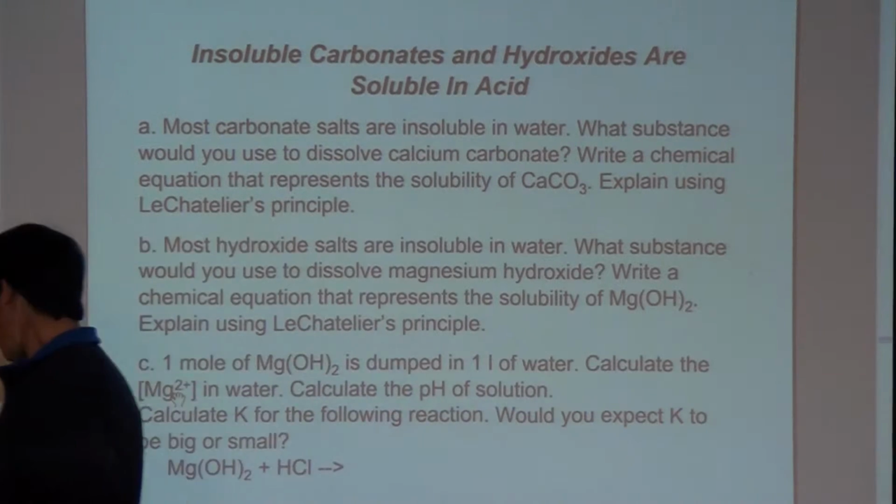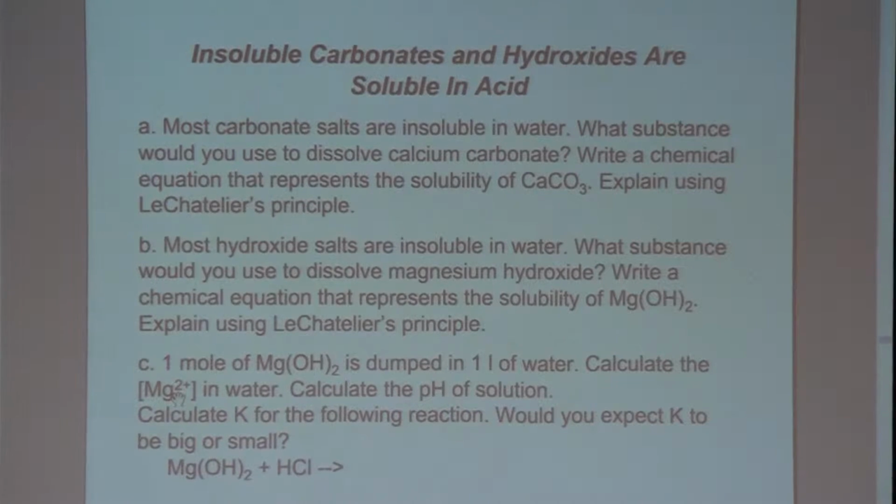So what's happening is that, okay, let's say we have 1 liter of water, and it says you add 1 mole of magnesium hydroxide solid to that water. Now, when you add the magnesium hydroxide into the water, what's going to happen?